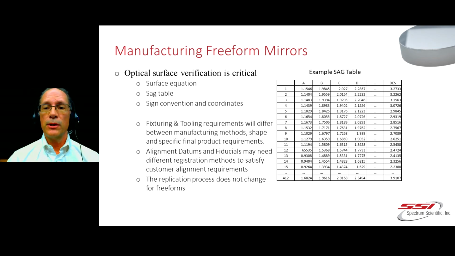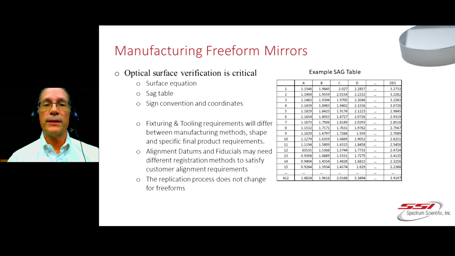You've got to make sure the surface the manufacturer makes meets the expectations, and the sag table needs to not only relate to the fiducials or datums of the part. We want to make sure everyone gets the same sag table.